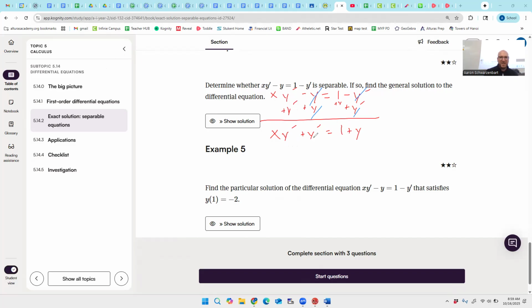What can I do with the xy prime plus y prime? Factor? We good so far? Yep.